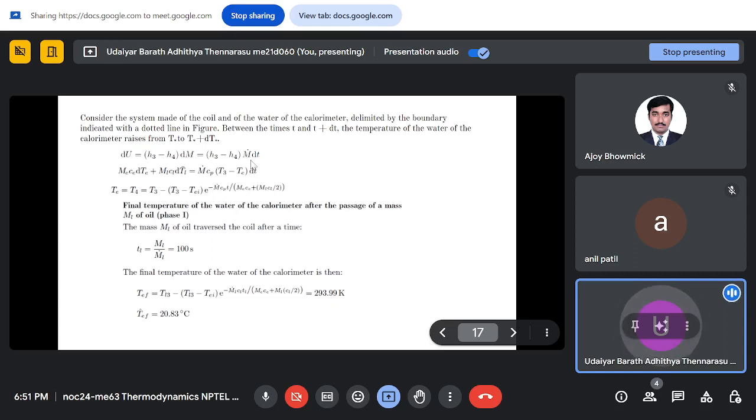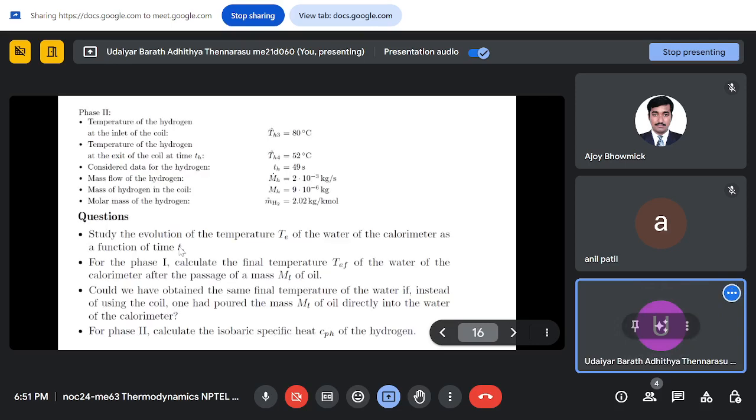We have to integrate this with respect to time. Here the unknown is TE, so we divide by (T3 minus TE) and integrate it, so we'll get logarithmic terms on both sides, and this will be the simplified expression. So this gives the final temperature of the water in the calorimeter after the passage of mass m_L of oil.